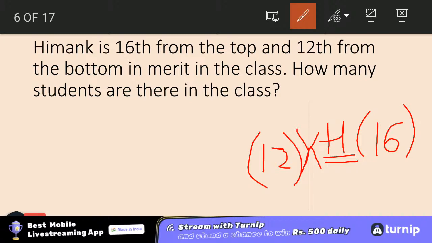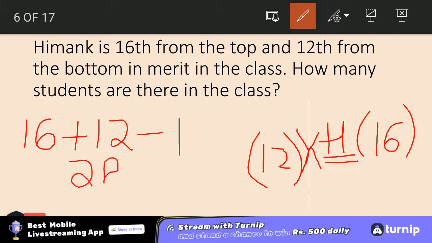Think about it. So, what will we do? We will add 16 and 12, the positions from the starting and the ending, and then we will subtract 1. So 28 minus 1, that is 27. There are 27 students in the class.